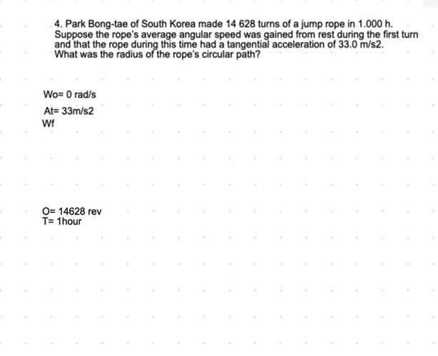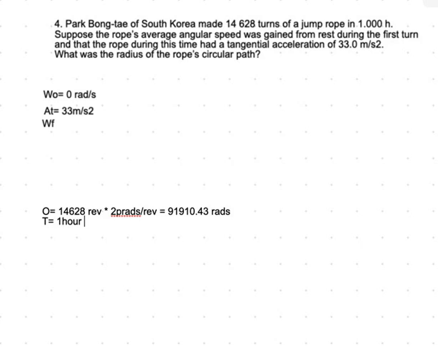So the first thing that I'm going to do is turn this into radians by multiplying it by 2 pi rad per 1 revolution, which gives us approximately 91,910.43 radians.